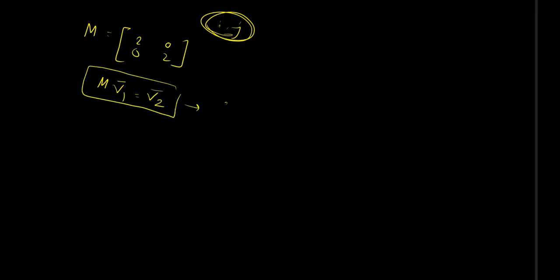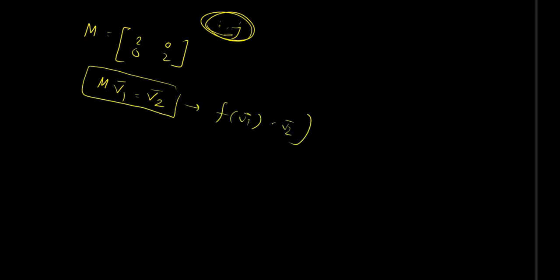This is our new position of I and j, right? So if this is the new position of I and j, and this is our matrix M, if I multiply it with any vector v1, it will give me a new vector v2, right? This is the same thing we are doing here.